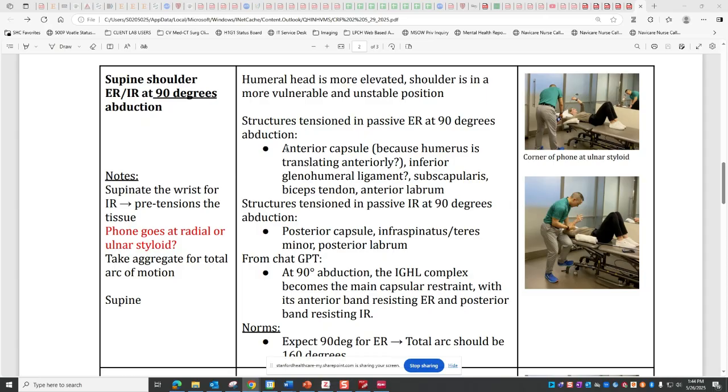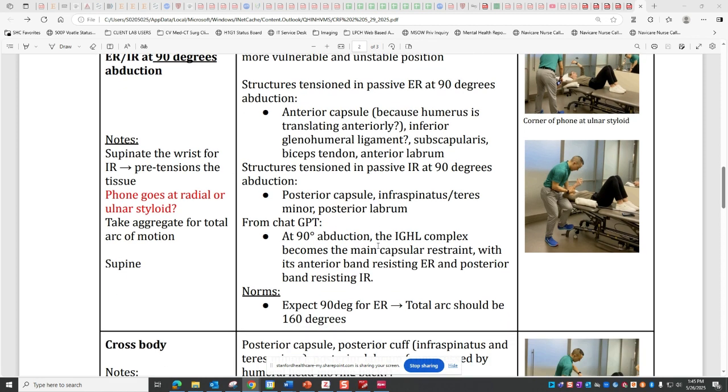Yes, I can confirm that it's because the anterior capsule or anterior structures are stretched or tensioned because they are providing the anterior restraint, as the ball is wanting to go forward as you go into end range external rotation in that cocking position. And yes, those structures are all accurate. Structures tensioned in passive internal rotation at 90 degrees of abduction: posterior capsule, infraspinatus slash teres minor, yes. Posterior labrum, yes.